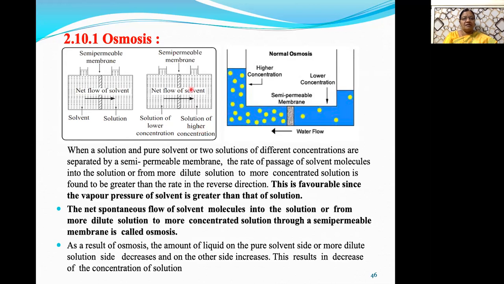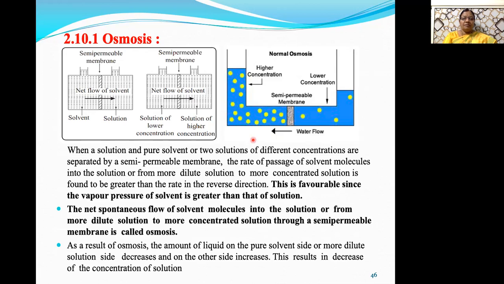And this is the flow of solvent molecules from the less concentrated solution to the more concentrated solution. Here also, the same flow of solvent molecules occurs from lower concentration solution to higher concentration solution through the semi-permeable membrane. It is called osmosis.